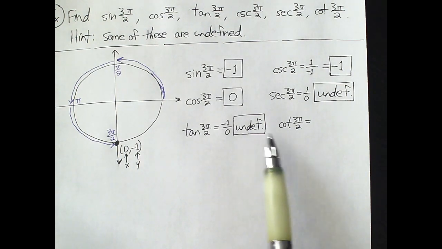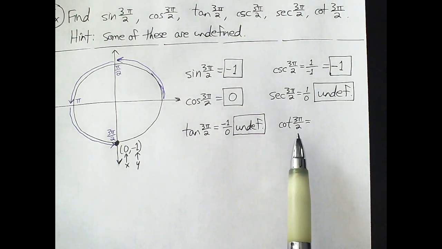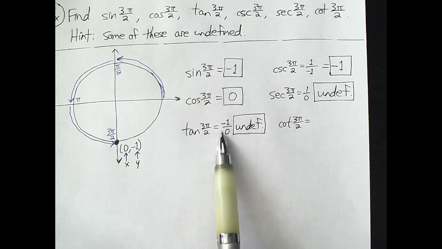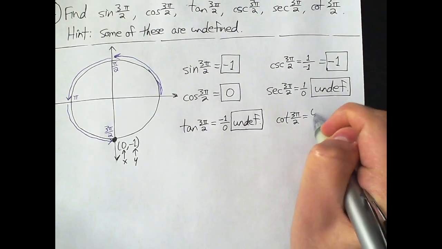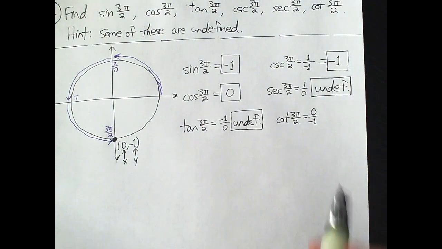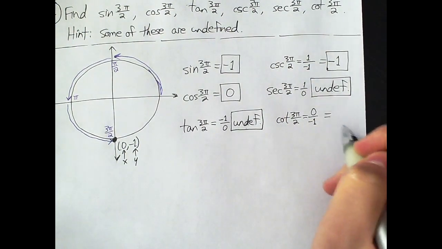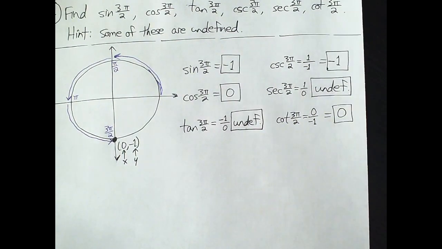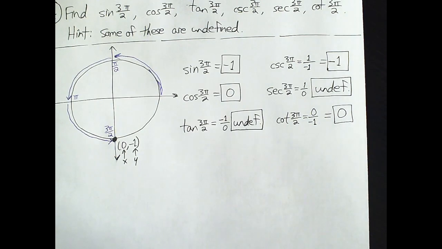Well, no, we can actually say that cotangent of t is x over y. So it's the reciprocal of these, -1 over 0, like flip that. 0 over -1. That is defined. 0 divided by -1 equals 0. When you do 0 divided by a number, you get 0.